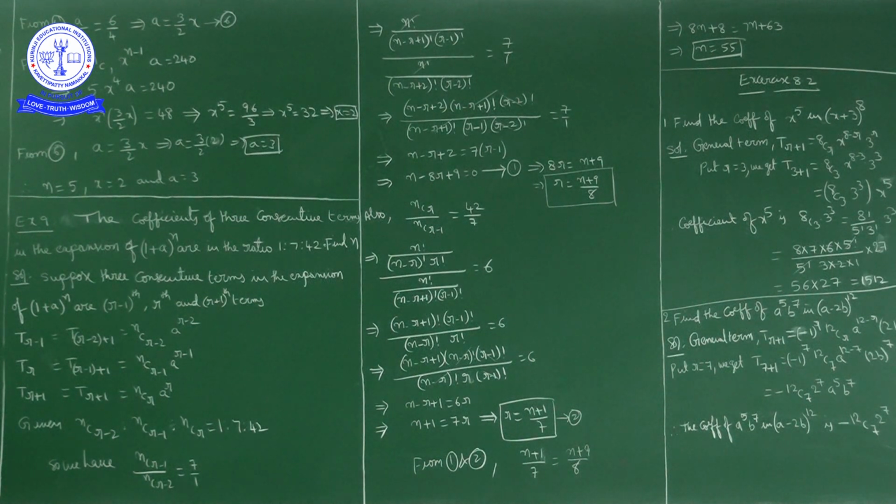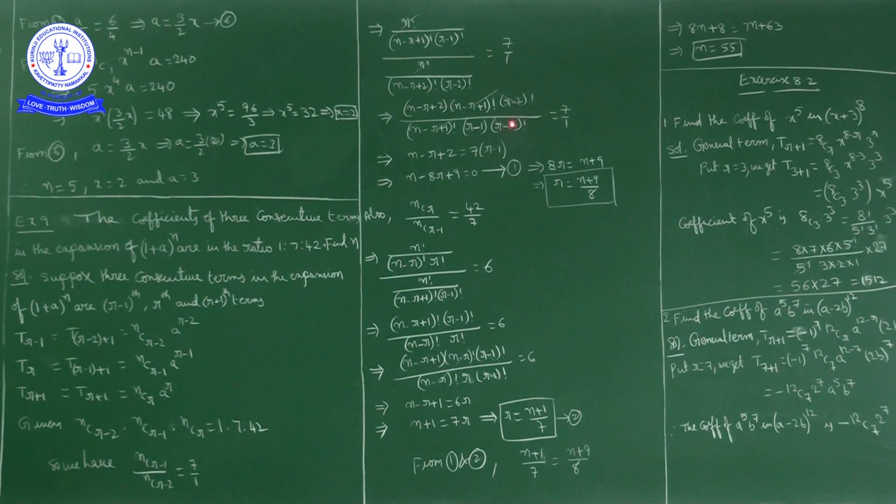Now (n-r+2) factorial we can write as (n-r+2) into (n-r+1) factorial, like 10 factorial equals 10 into 9 factorial. And (r-2) factorial as it is. In the denominator, (n-r+1) factorial into (r-1) factorial, I will write as (r-1) into (r-2) factorial.